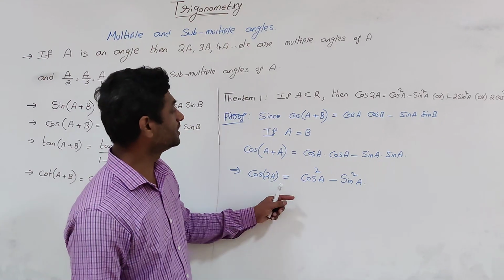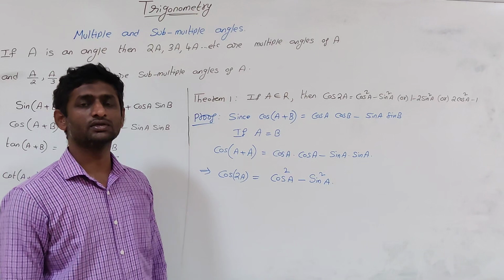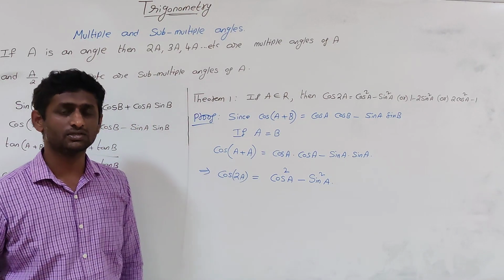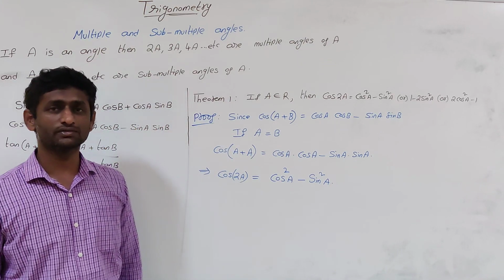Then how we can rewrite it in terms of 1 minus, it is 1 minus 2 sin square A. From the identities, what we have is sin square theta plus cos square theta is 1.